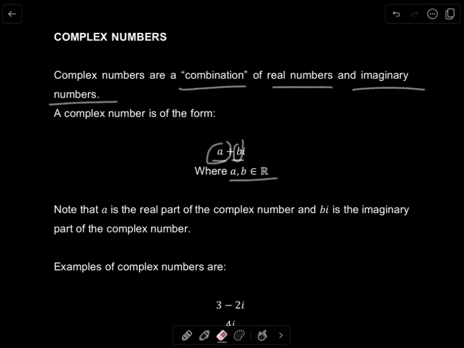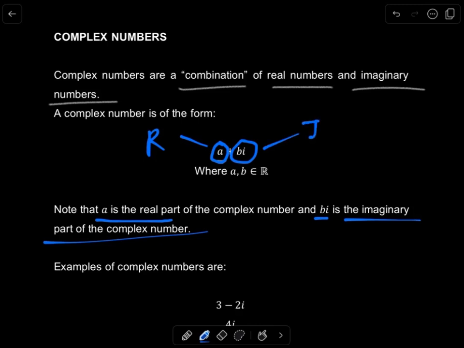The only thing here is that b, which is a real number, is being multiplied by the imaginary unit i. So this has two parts. This is the complex number, a plus bi, and it has two parts. a is the real part of the complex number. And b times i is the imaginary part of the complex number. So here's real, here's imaginary.